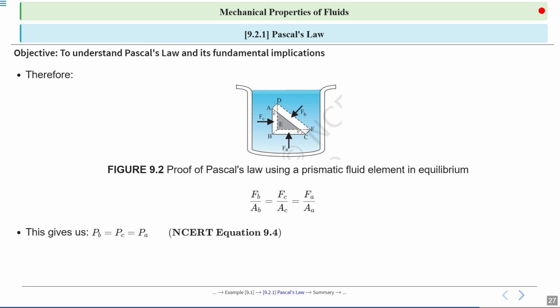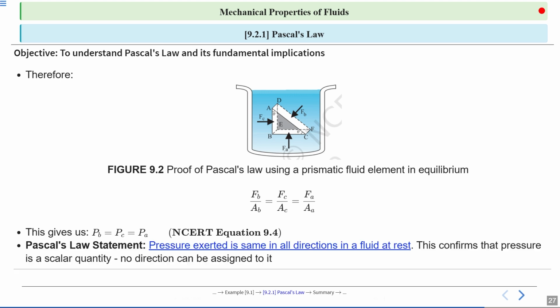So this gives us PB equal to PC equal to PA. This is Pascal's law statement: pressure exerted is the same in all directions in a fluid at rest. This confirms that pressure is a scalar quantity. No direction can be assigned to it. Understanding this concept is crucial as it applies to various real-world applications such as hydraulic systems.